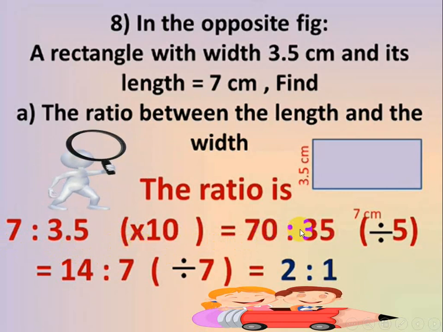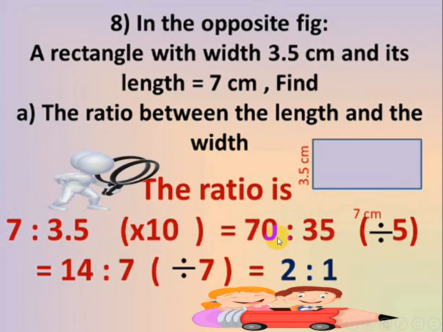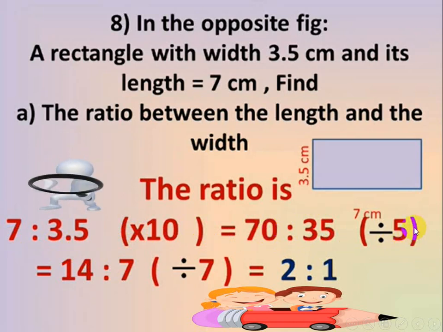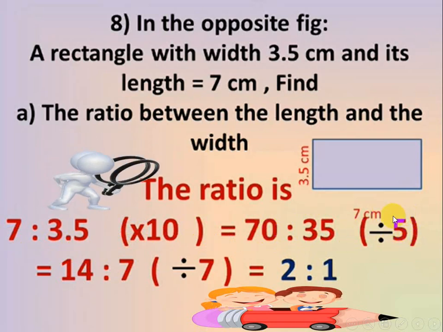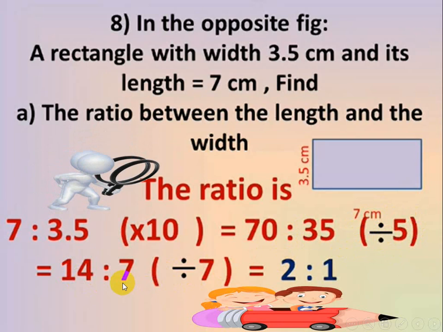Then the ratio now between two whole numbers, 70 and 35. Observe that they are divisible by 5. So we'll write divided by 5. Then 70 divided by 5 equals 14. 35 divided by 5 equals 7.